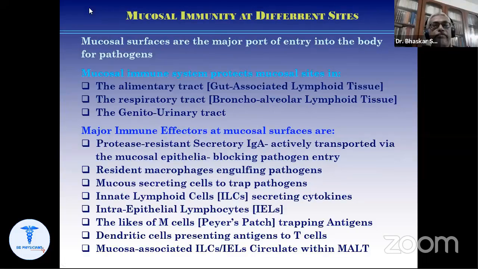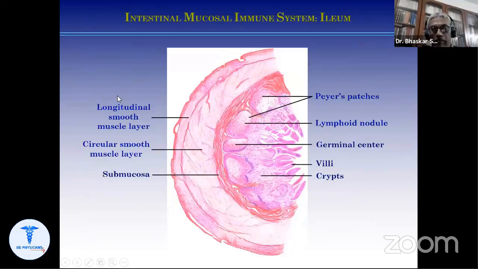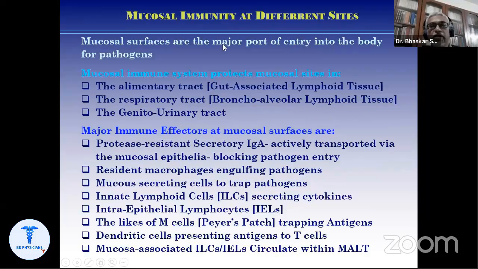So the mucosal immunity at different sites in the MALT system. Mucosal surfaces are the major port of entry into the body for pathogens. So mucosal immune system protects mucosal sites in the alimentary tract, that is gut-associated lymphoid tissue, the respiratory tract, bronchoalveolar lymphoid tissue or BALT.